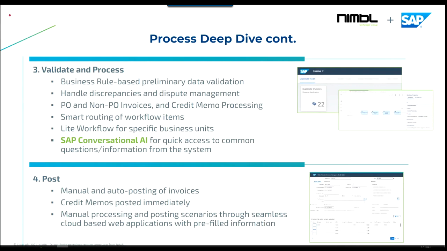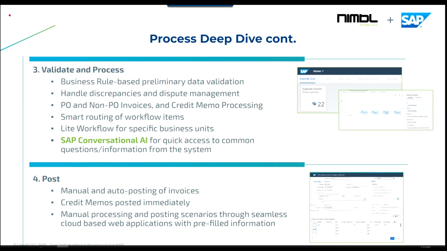So we've got two additional steps here: the validating process, as well as the post. As soon as the invoice or credit memo information is received by our AP solution, it analyzes it to see if there are any discrepancies with the information that was received from OCR or machine learning. Some of the preliminary validations could be a duplicate scan check, a master data check, a missing PO check, and so on and so forth.